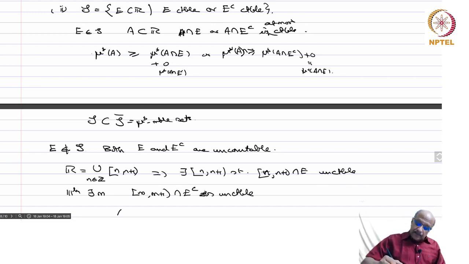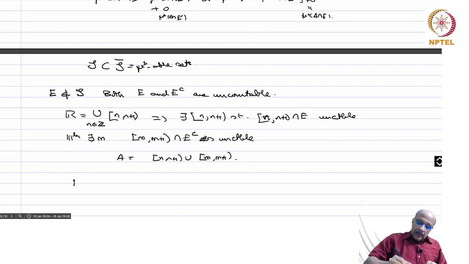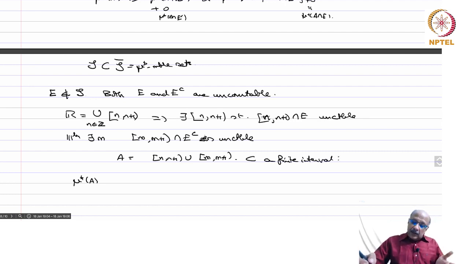So let A equal the N to N plus 1 union the M to M plus 1. Then A is contained in a finite interval again, if you take the union and put them in N to M plus 1, for instance, if N is smaller. And therefore it is an uncountable set, but it does not have an infinite condensation point. So mu star of A equals 1.